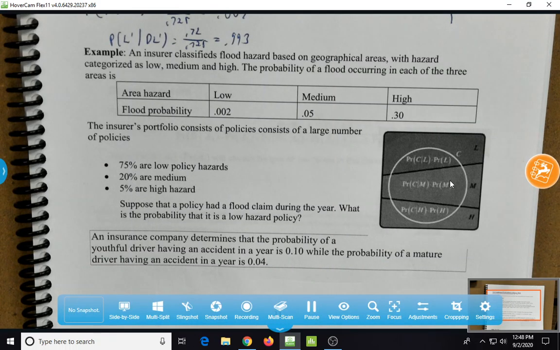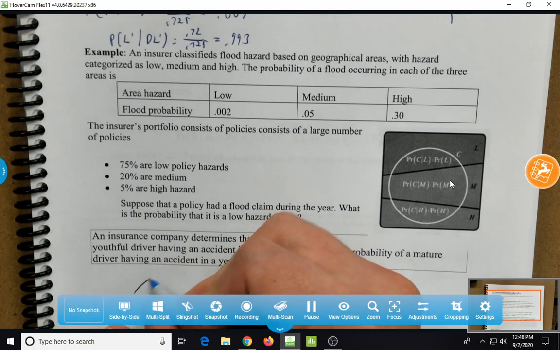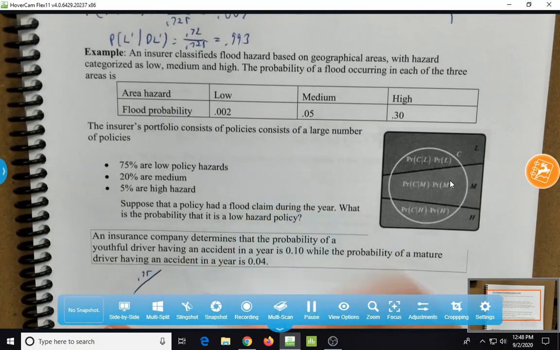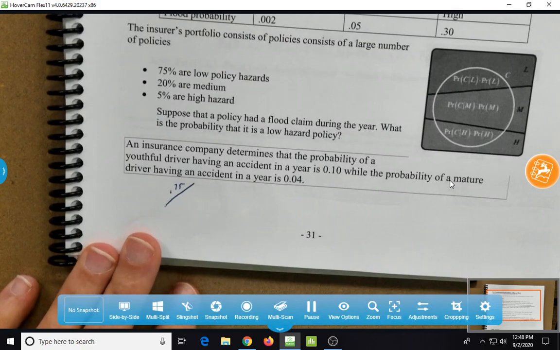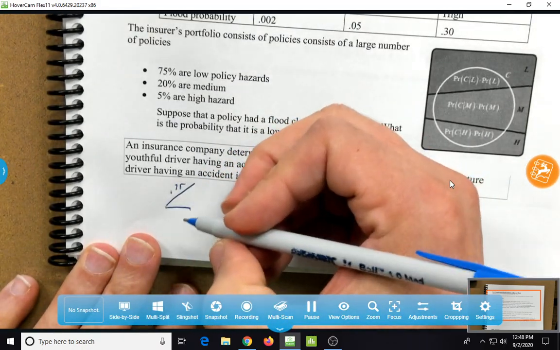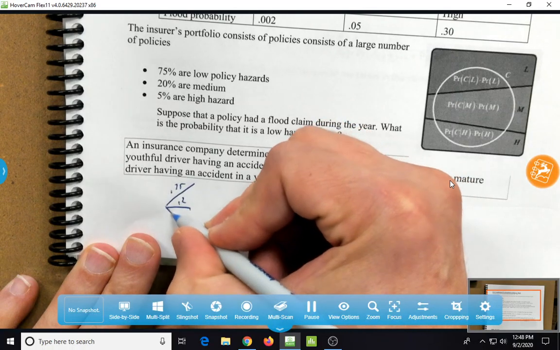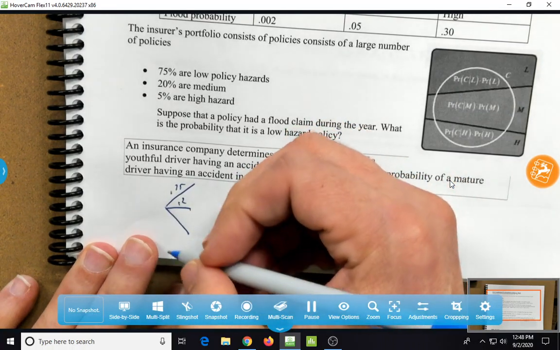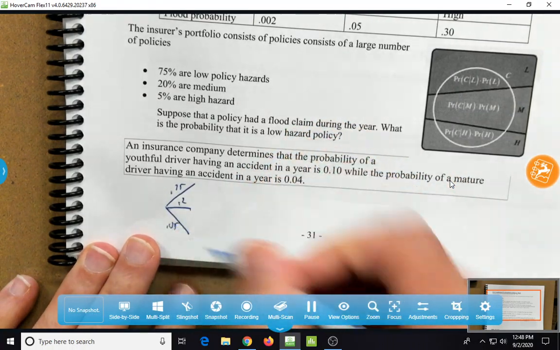So the question is, what if you have a policy that has a claim? We could think of it as a tree diagram: 75% are low policies, 20% are medium, and 5% are high.